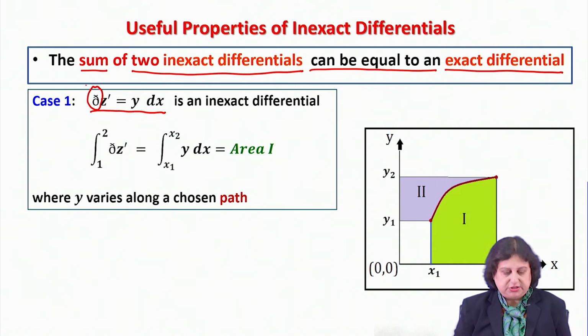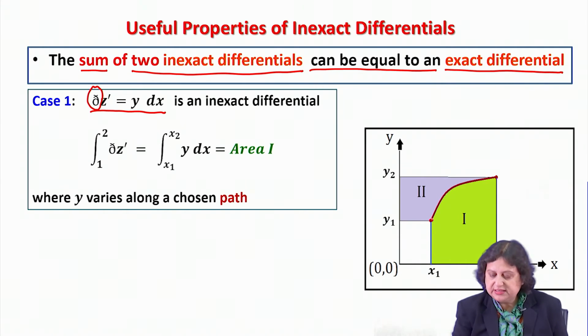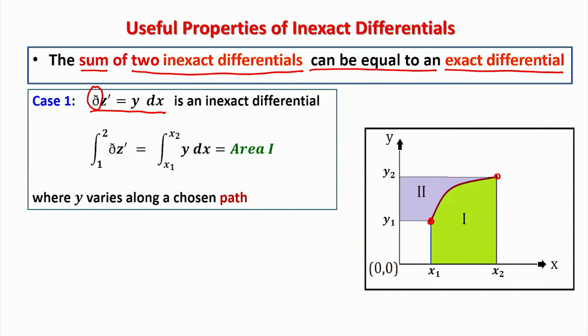Now, in this picture, when I integrate from point 1, which is this, to point 2, the function y dx, when can I do the integration? Provided I know y as a function of x. Otherwise, I cannot do this integration.